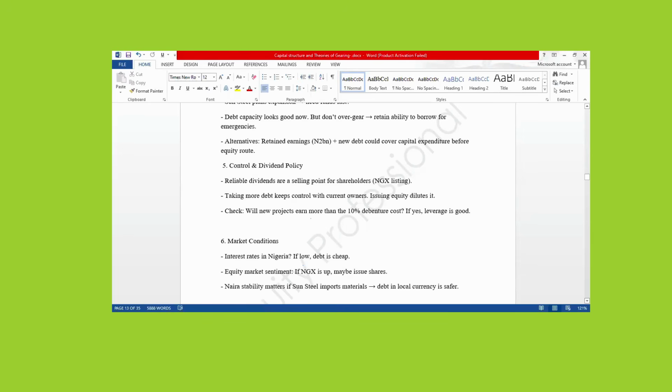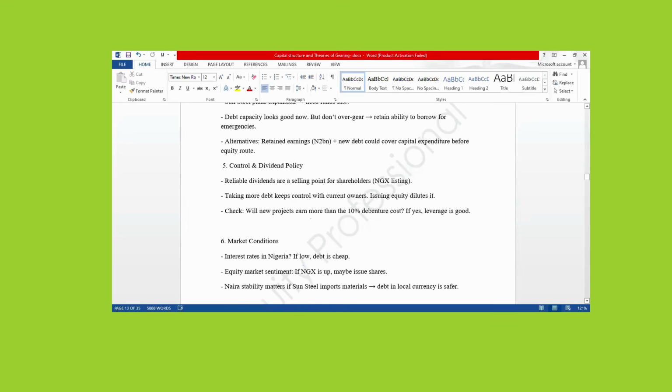Control and dividend policy. Reliable dividends are selling points for shareholders. Let me explain that. This company pays dividends. It has a reliable dividend policy.